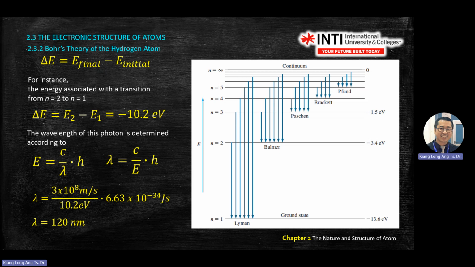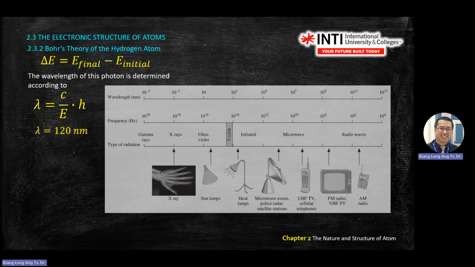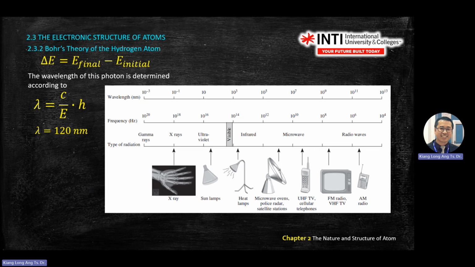So go to the chart. If you have the lambda already, go to the chart and check. So you go to this chart given in the last page of the question paper. You already calculated the wavelength. So 120 nanometer, where is it? Can you read from here? Can you see?